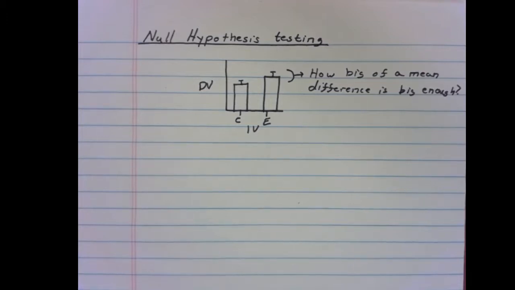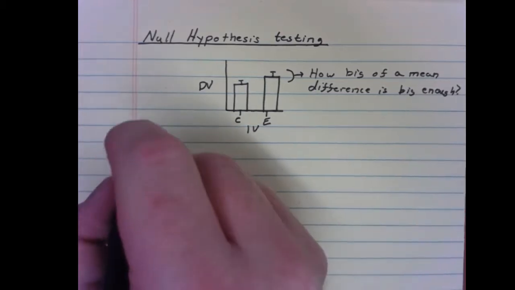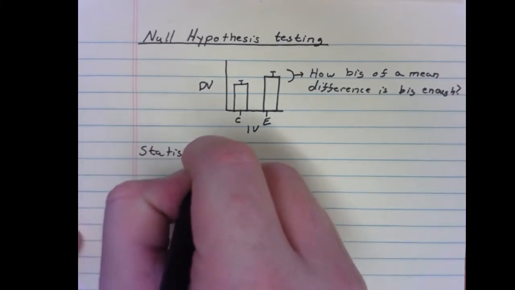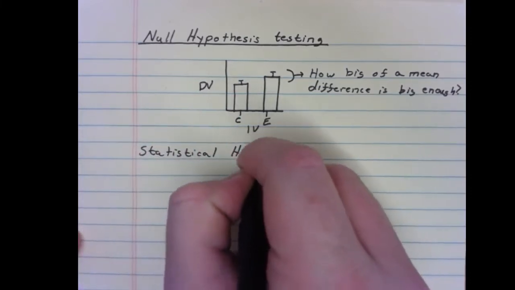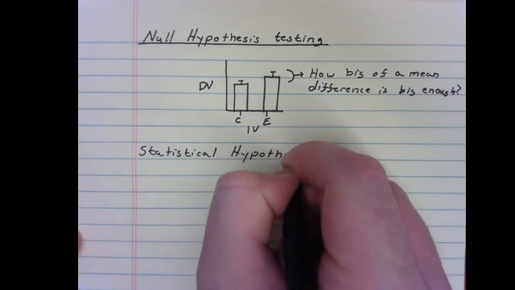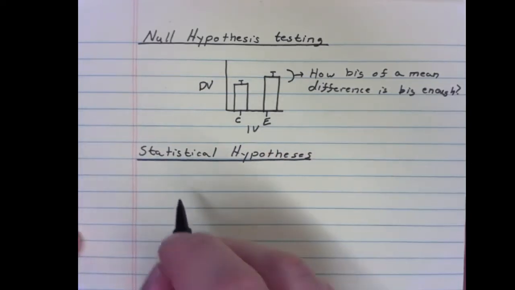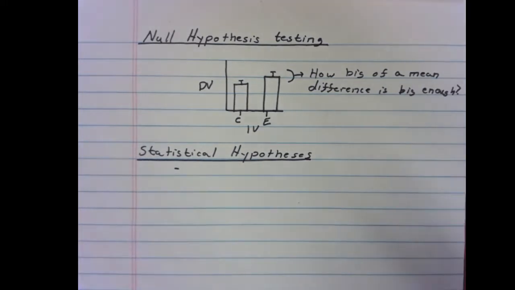So, how does it go about doing this? It does this by using a pair of mutually exclusive and exhaustive statistical hypotheses. So, statistical hypotheses are a special breed of hypotheses.